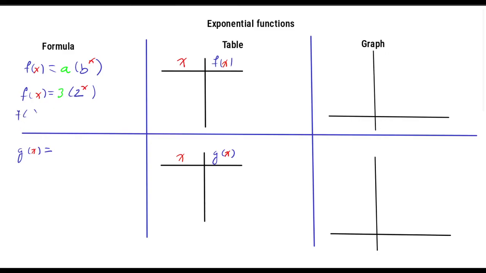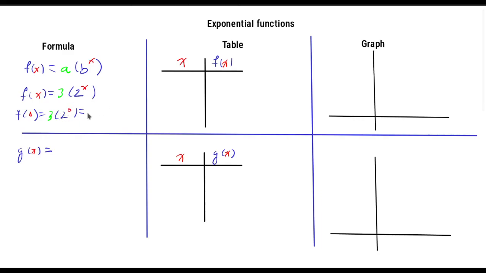If we take f of 0, then we're looking at 3 times 2 to the power 0. The x becomes a 0. And remember, anything to the power 0 is just 1.